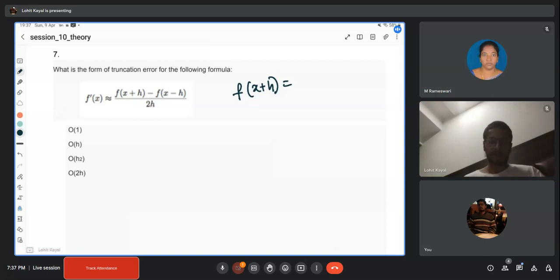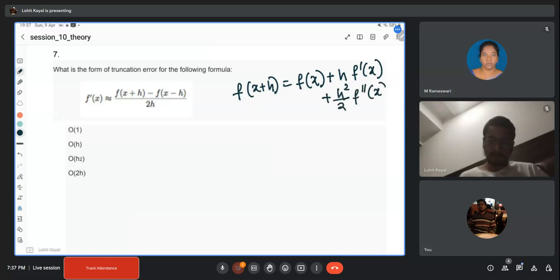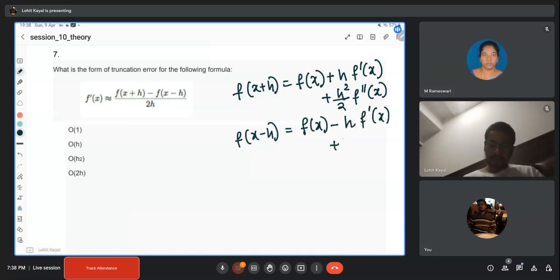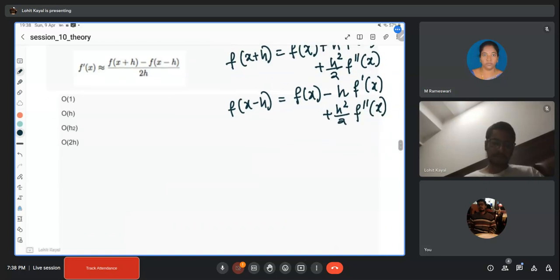So I can write it this way: f of x plus h equals f of x plus h f prime x plus h square by 2 f double prime x, and f of x minus h is equal to f of x minus h f prime of x plus h square by 2 f double prime of x.